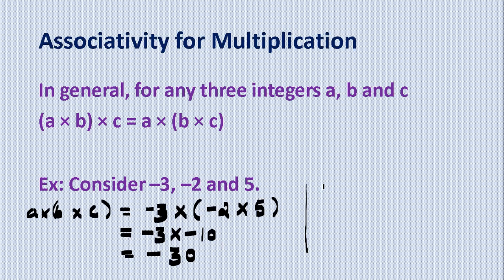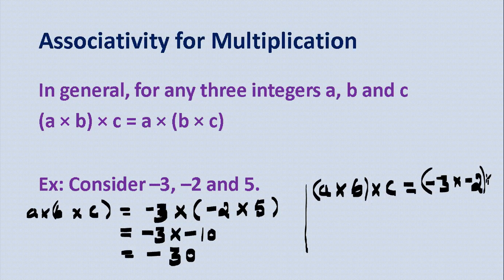And next, (a into b) into c. First -3 into -2, minus into minus is plus, so it is 6. Then 6 into 5 is 30.